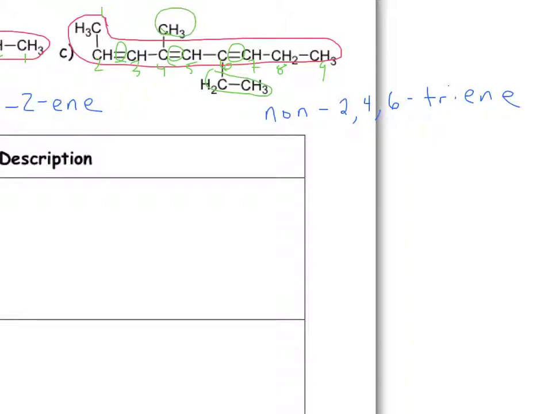I have a methyl group and an ethyl group. They need to be listed in alphabetical order. So, methyl comes second. It's on carbon number 4. And my ethyl is on carbon number 6. Sorry, I got a little messy there. So the answer is 6-ethyl-4-methylnona-2,4,6-triene.